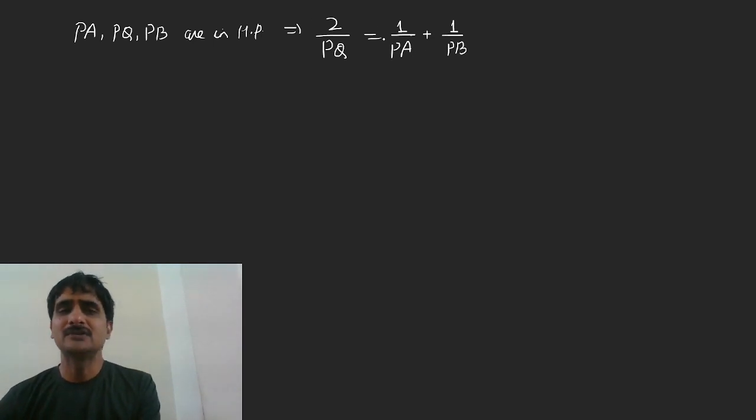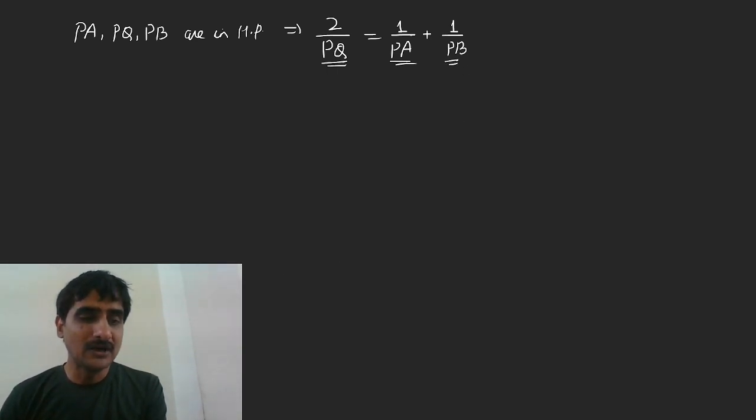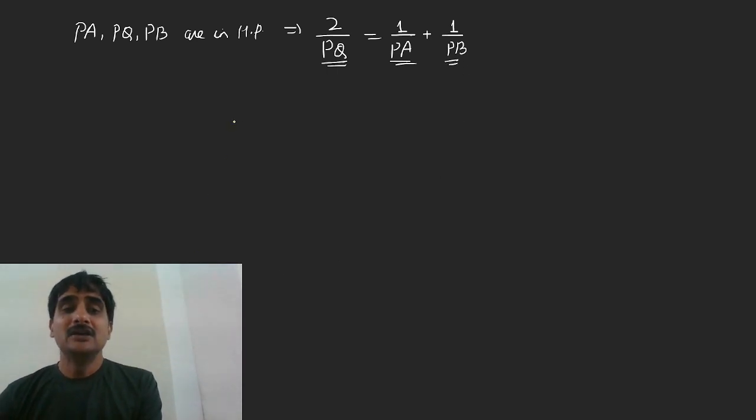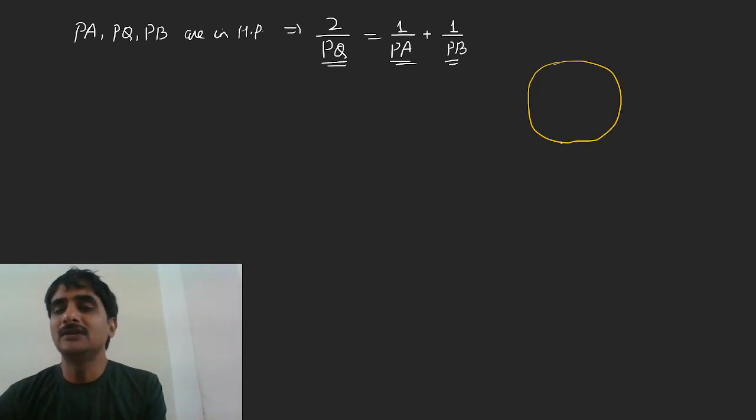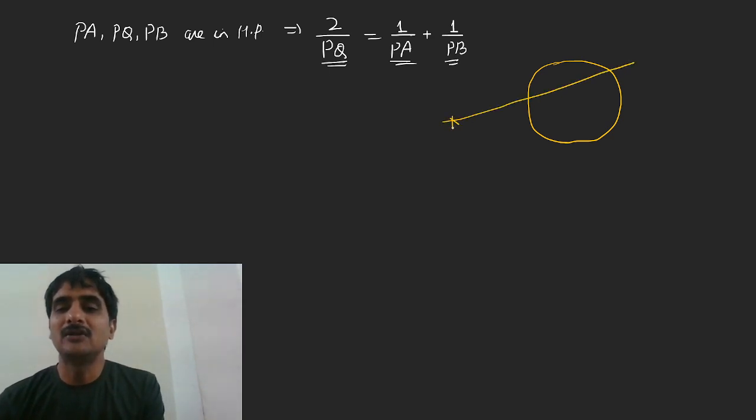Okay, so using this, now observe here. That's how I started. PA, PB and PQ are distances along the line, the line that passes through the fixed point. So let's say this is PQ here.